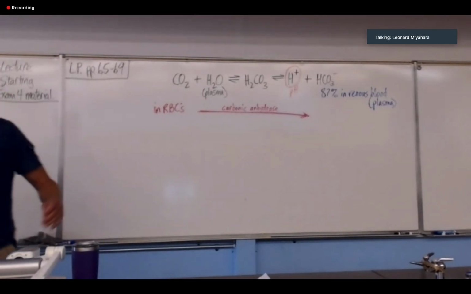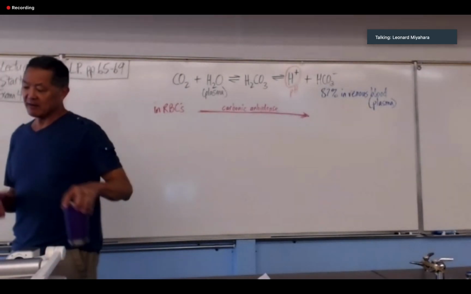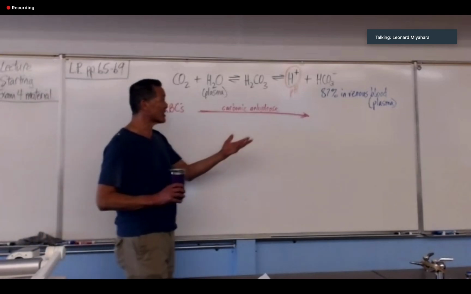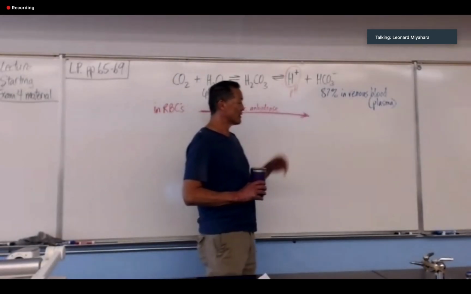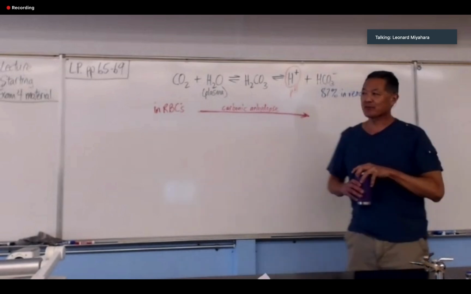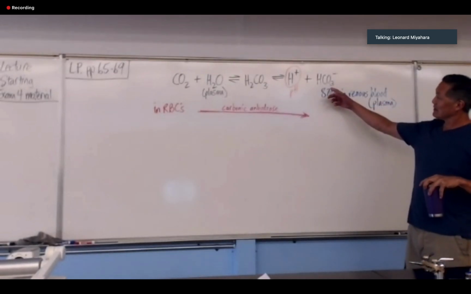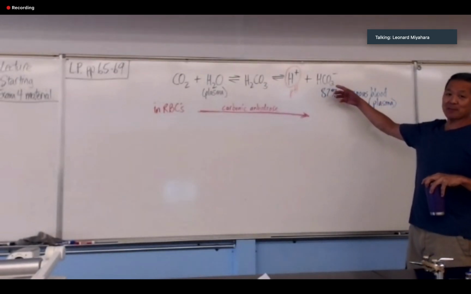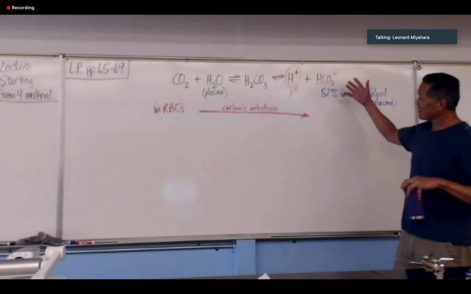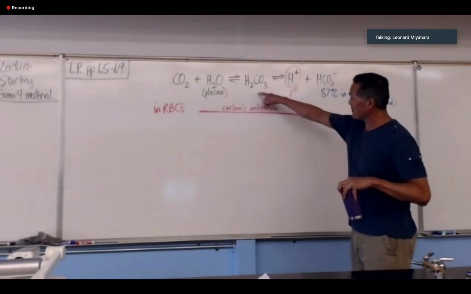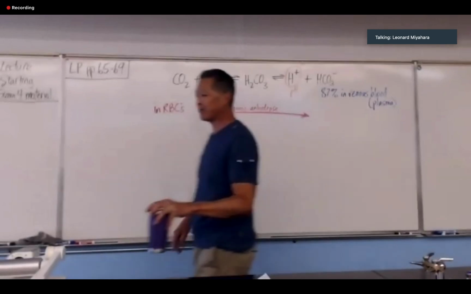A base is an electrolyte that tends to suck them up. So in this case, bicarbonate can actually be a base because when you put it in water, it's going to suck these up and turn it into that.